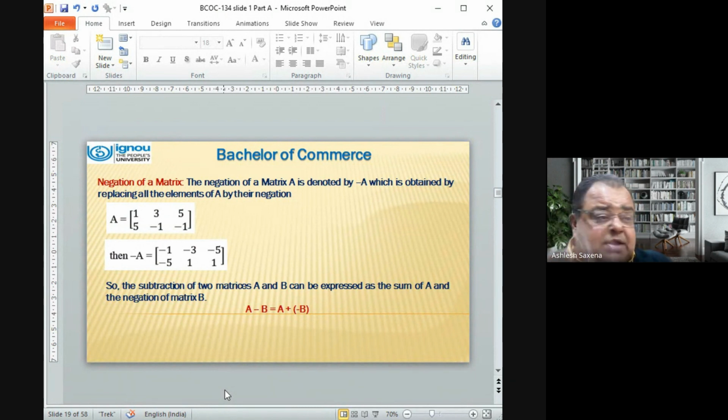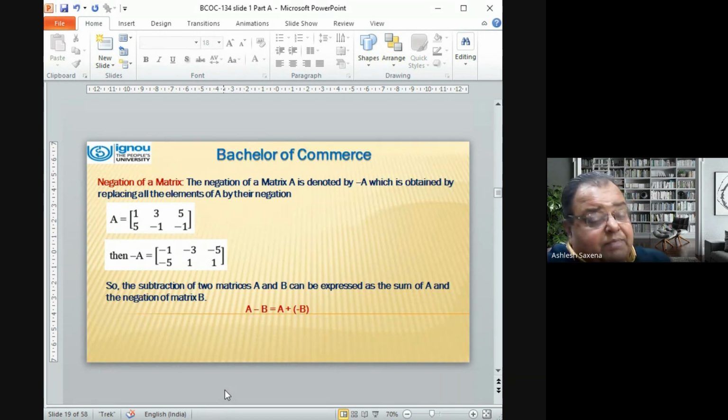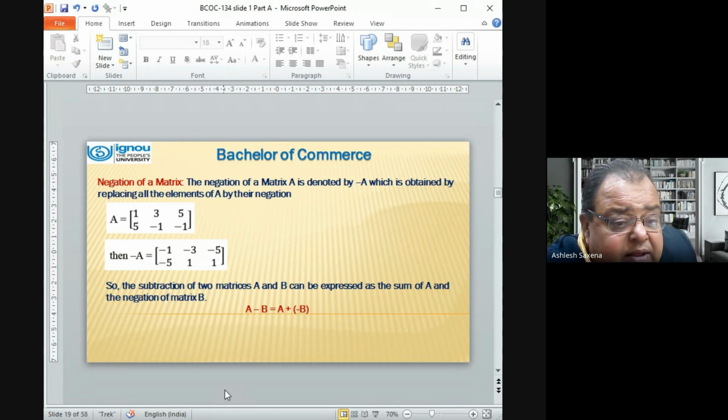If it is plus, it will become minus, and if it is minus, it will become plus. You can see over there. The original matrix was 1, 3, 5, 5, minus 1, minus 1, and minus A will be minus 1, minus 3, minus 5, minus 5, 1, and 1. Plus signs have changed to minus signs, and minus signs have changed to plus signs.